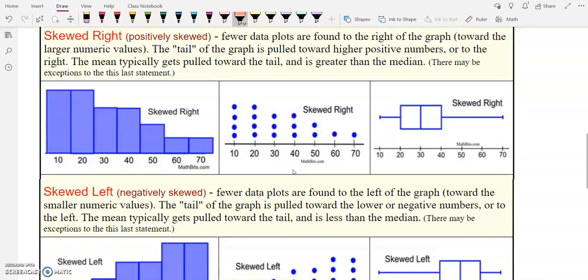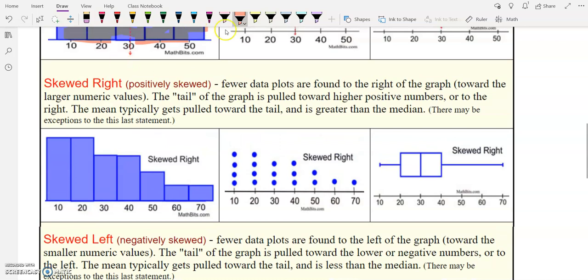Now we have two more called skewed left and skewed right. So let's talk about skewed right. Skewed right means that fewer data points are found to the right of the graph. So there's actually fewer on the right for a skewed right.